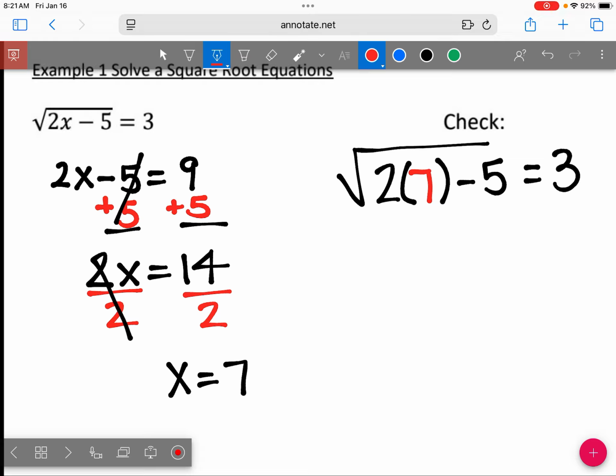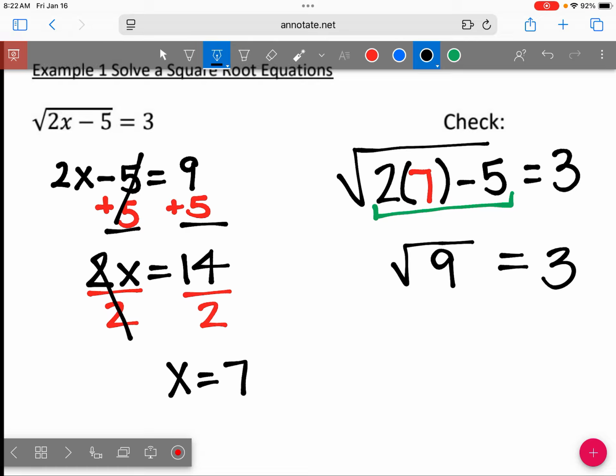Okay? So let's pick up our calculator. Take 2 times 7 minus 5. Two times 7 minus 5 is 9.